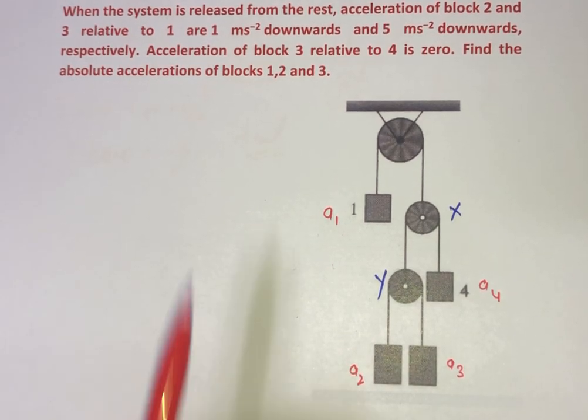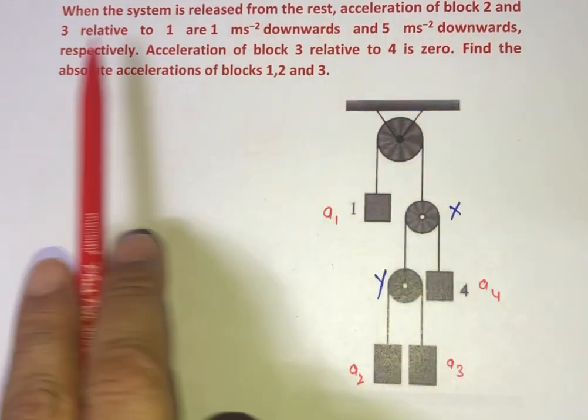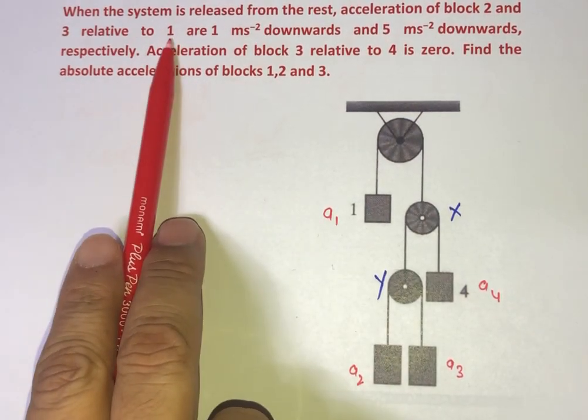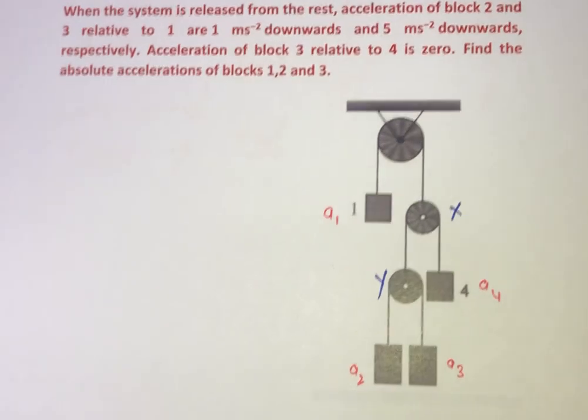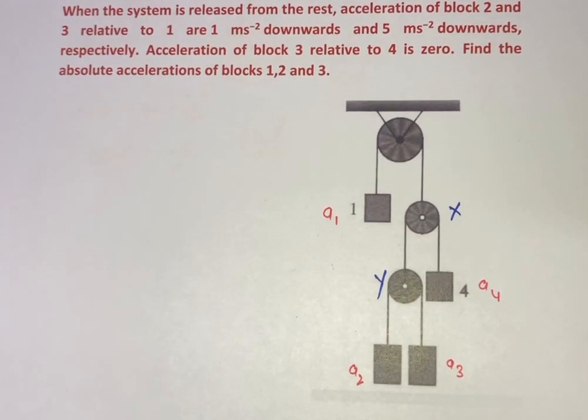So in the first part it is given that the acceleration of block 2 and 3 relative to block 1. So we can frame the equation of block 2 and block 1. Okay.